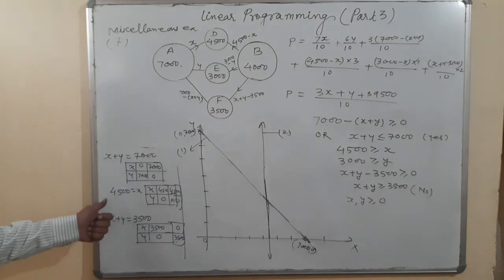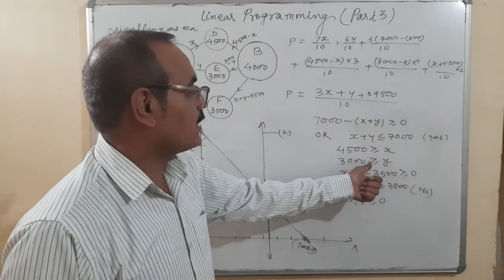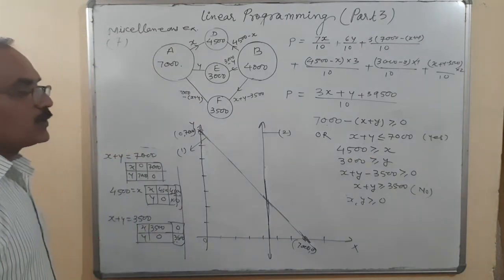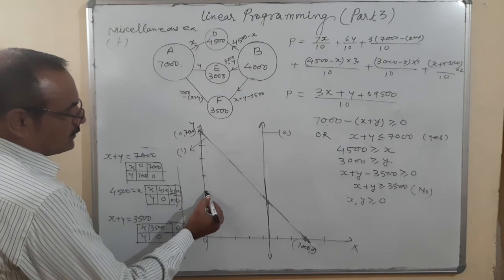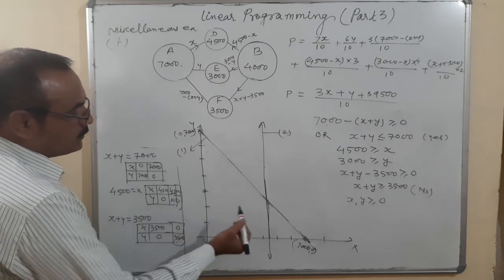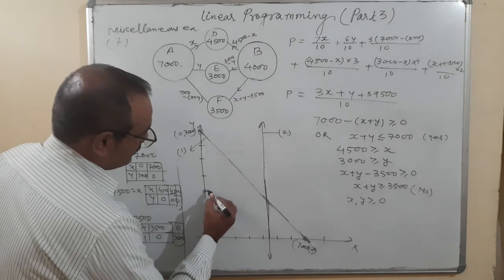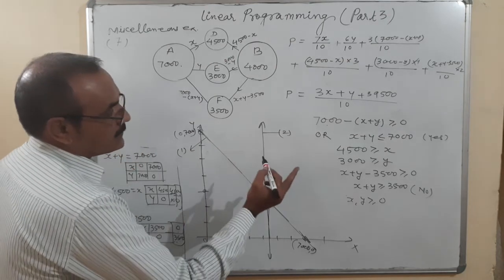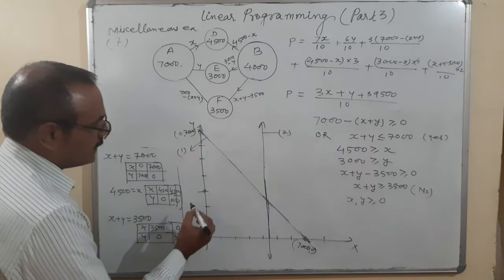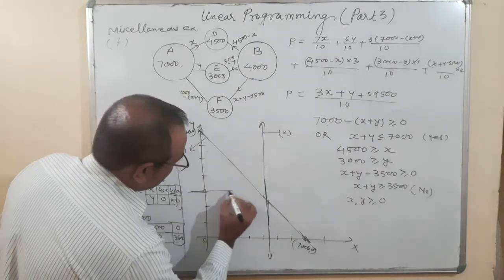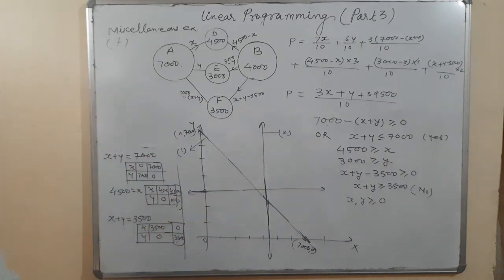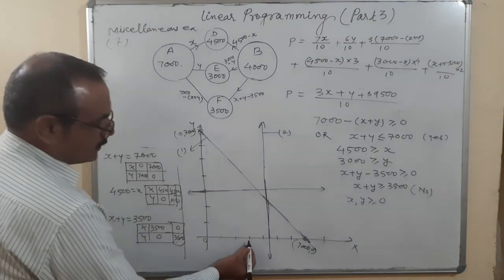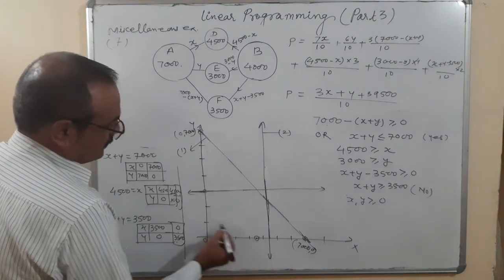After that, third one is 3000. Y is equal to 3000, 1, 2, 3. It is confirmed. X may be anything, x 0, 1, 2, 3. So this line will go like that. If y is equal to something, that means the line is parallel to the x-axis. Okay, this is third. And the fourth one is 0, 3500, 3500, 0.